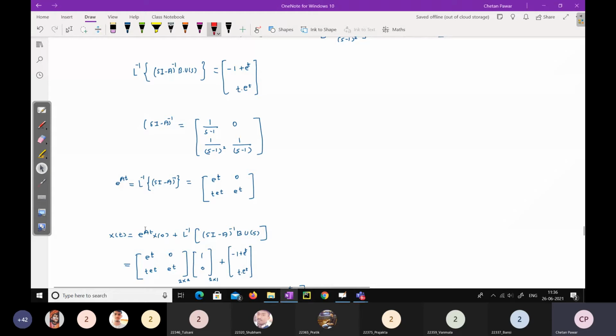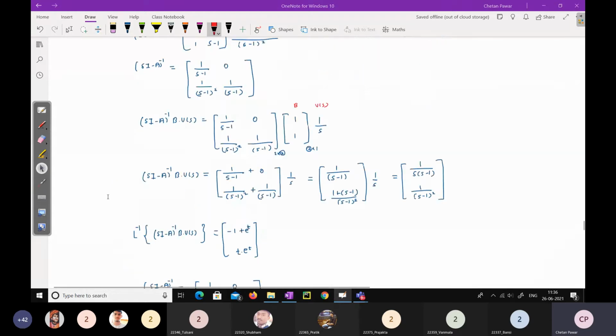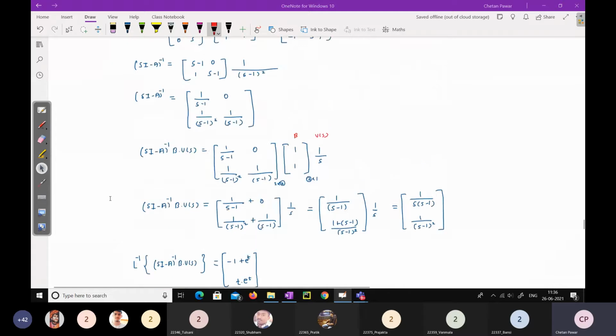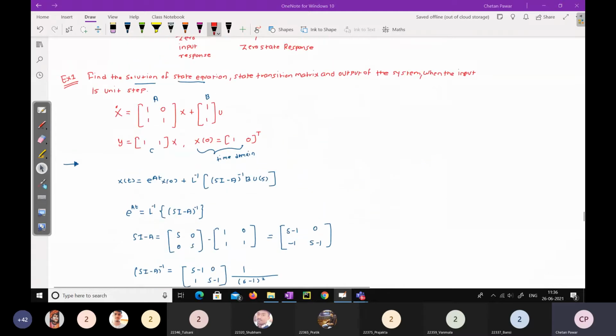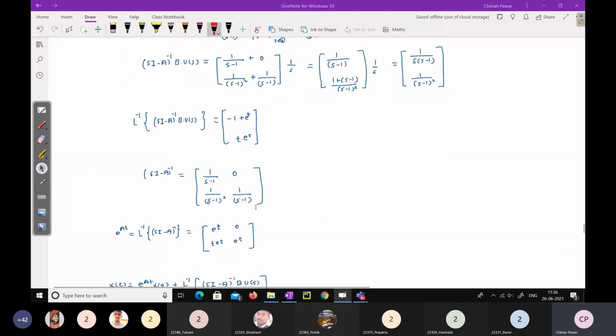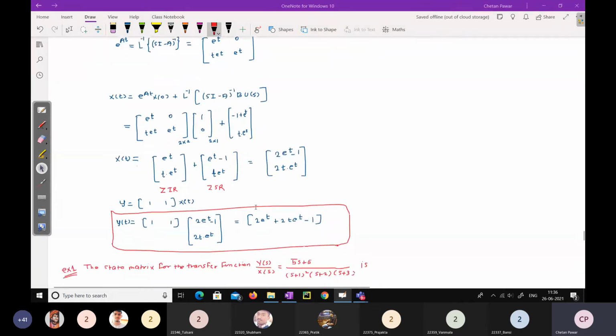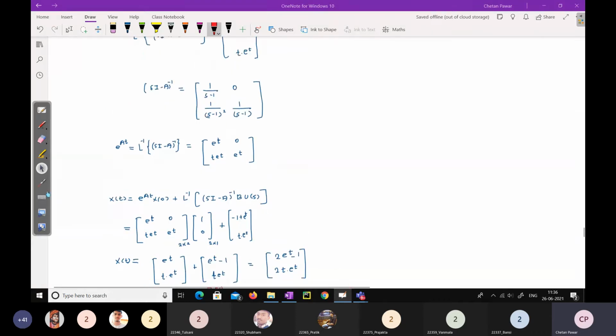Then e raised to At into x of 0. What is x of 0? They have given x of 0 in the problem. This will be the transpose of the vector 1 0. This is the e raised to At matrix, and this is the x of 0 matrix.